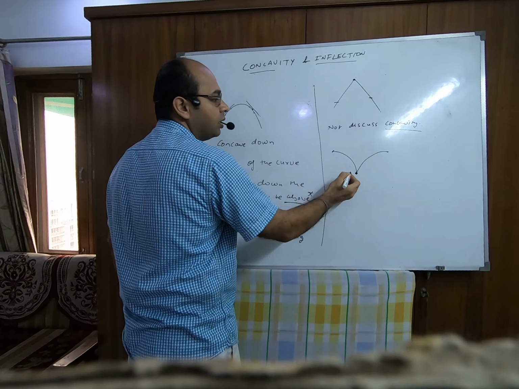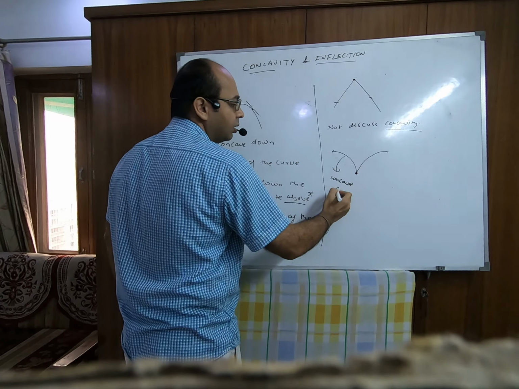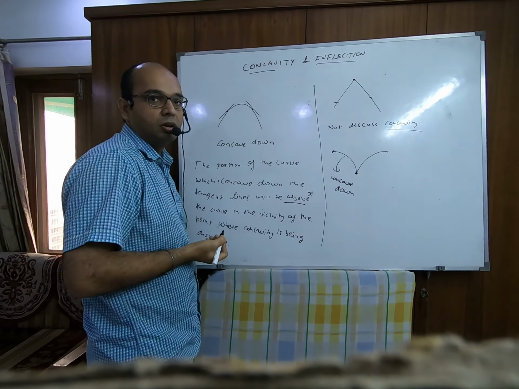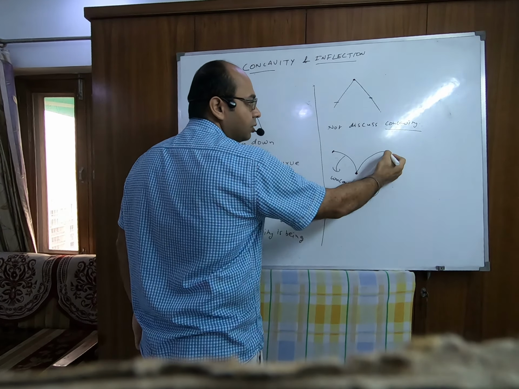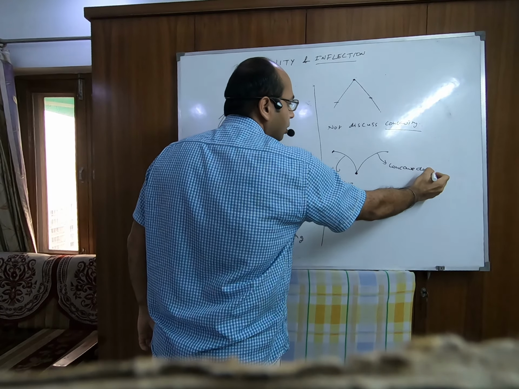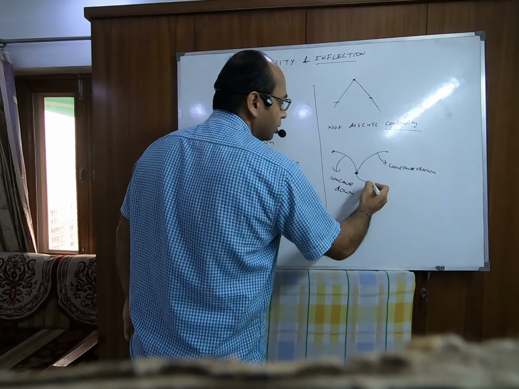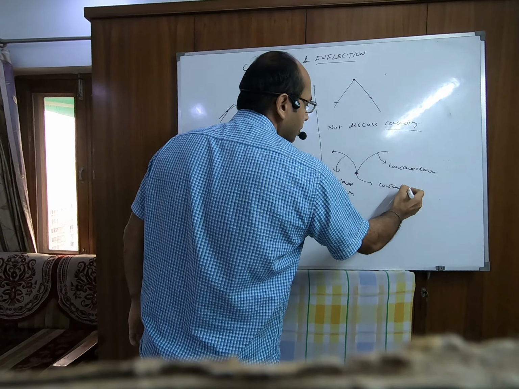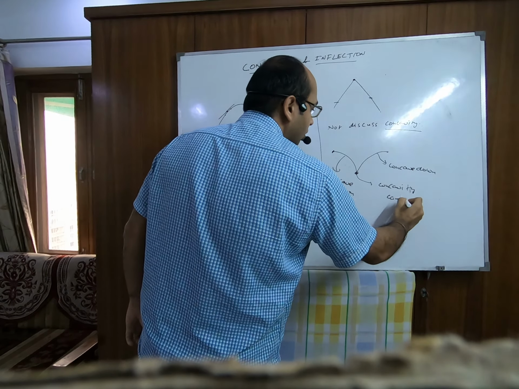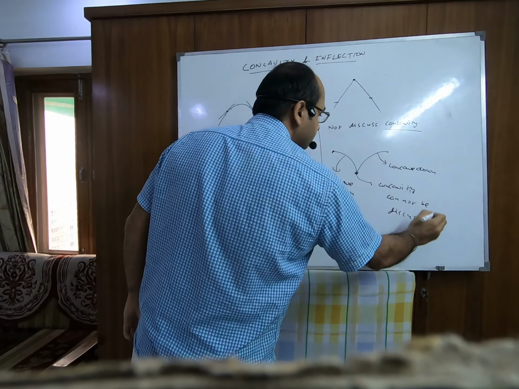We can see from here to here, the curve is concave down. From this point to this point it is concave down. Similarly, from this point to this point it is concave down. But at this point, concavity cannot be discussed.